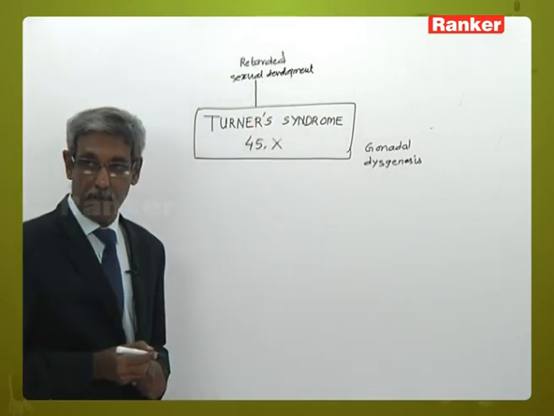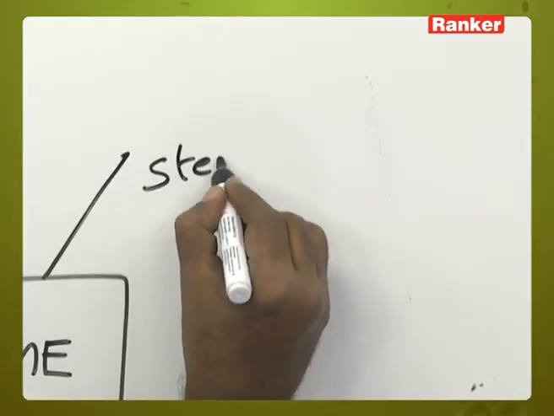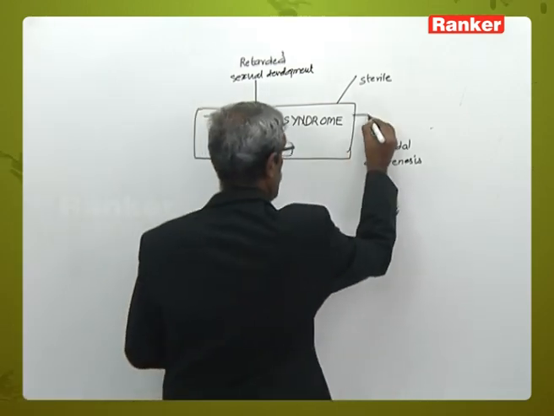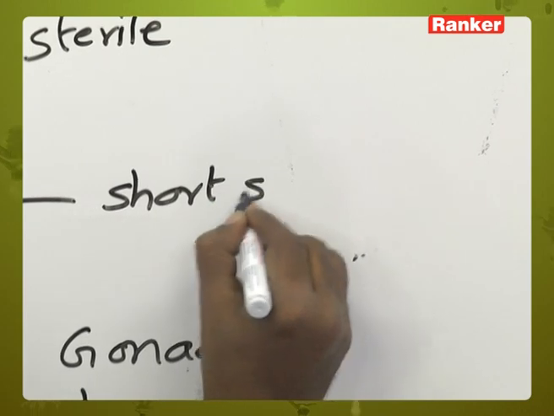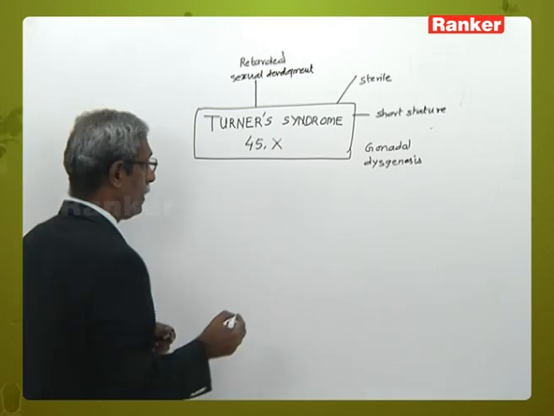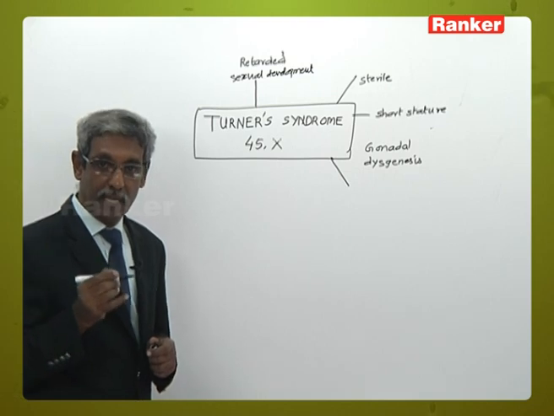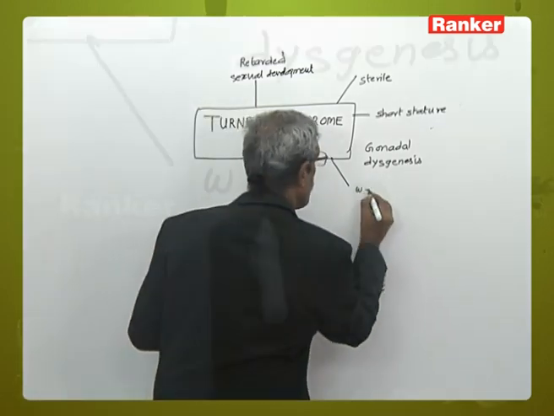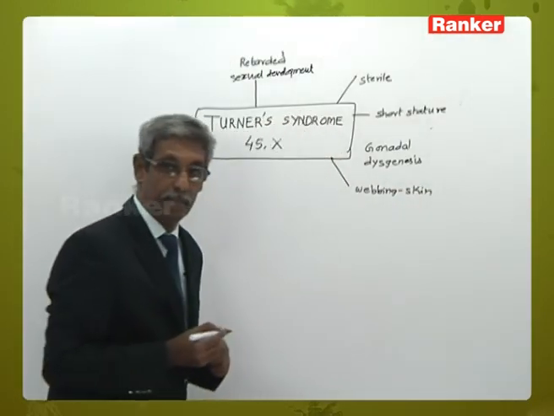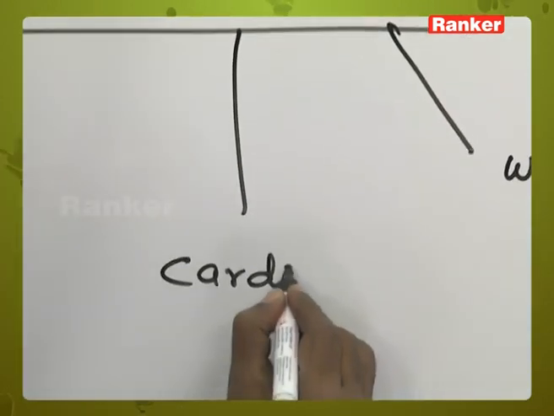The individual is sterile. They show a short stature. A very important diagnostic feature is the webbing of the skin in the neck region, followed also by cardiovascular abnormalities.